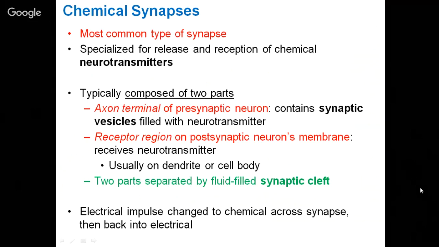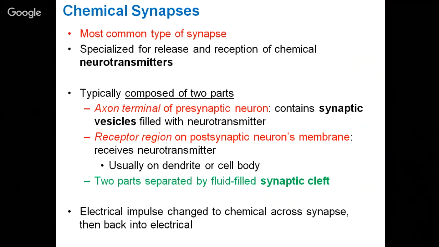It's usually on a dendrite or cell body. The presynaptic as well as the postsynaptic neurons are separated by a fluid-filled space, which we call the synaptic cleft.